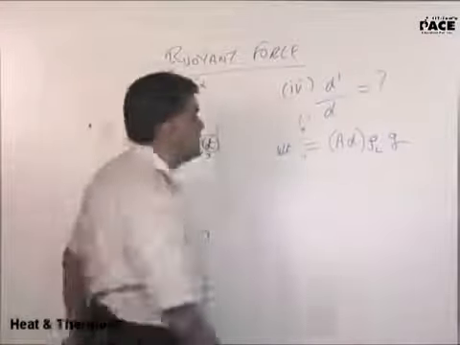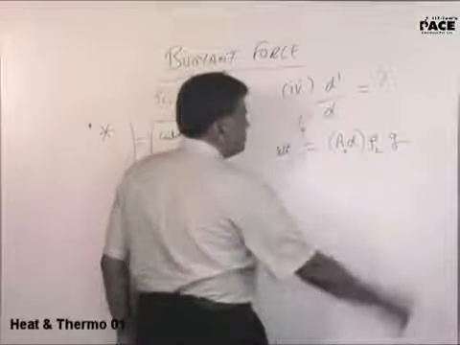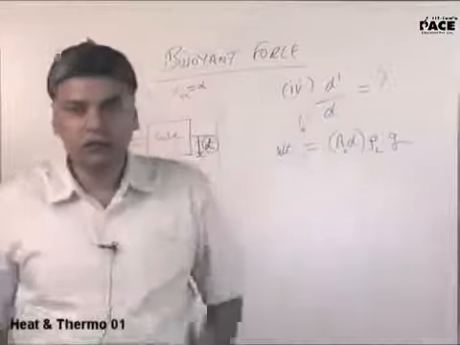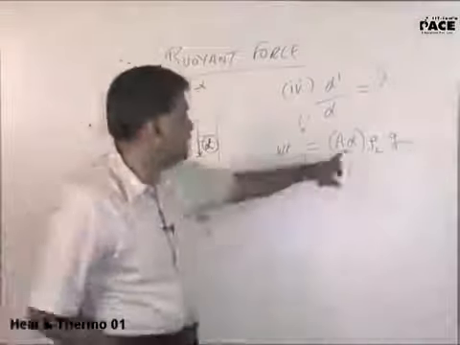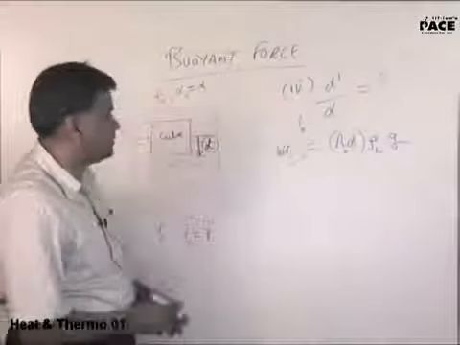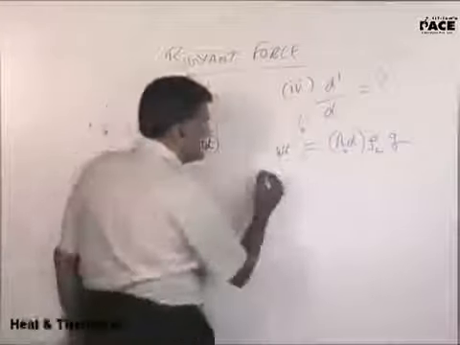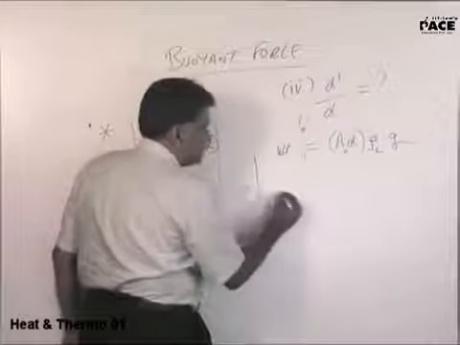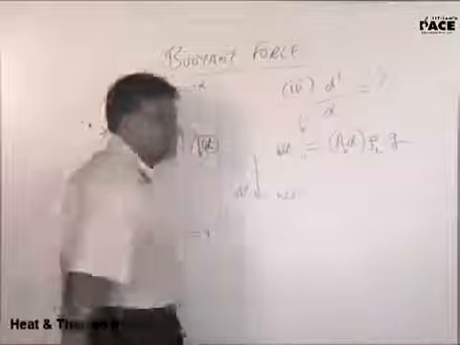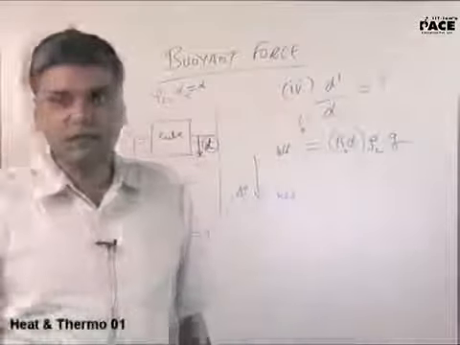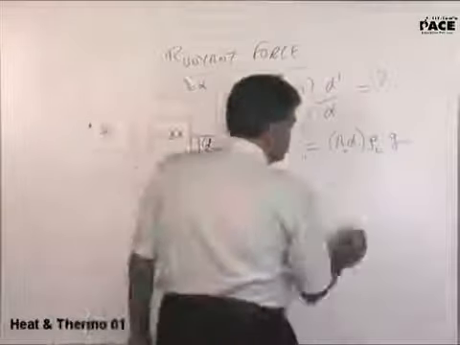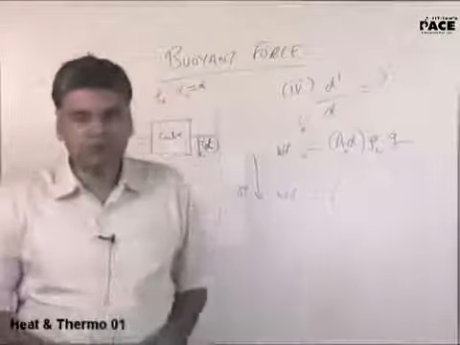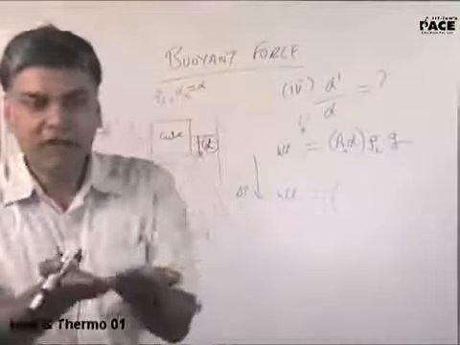This is the original area of the cube, A naught, into D, the original depth. Now, when you increase the temperature by delta T, does the weight change? It remains constant. Weight will still remain the same. It is still floating. What will change? Will the area change? Yes, sir. Area will become more.